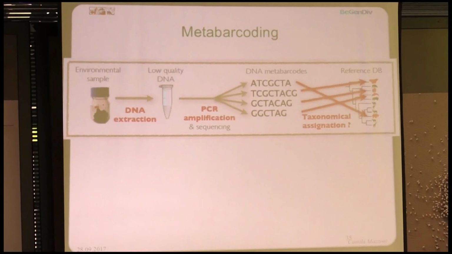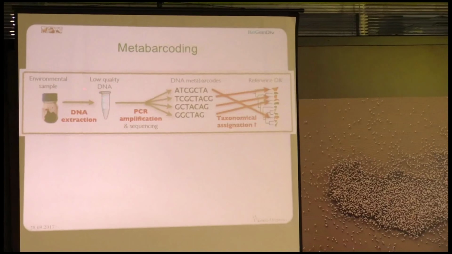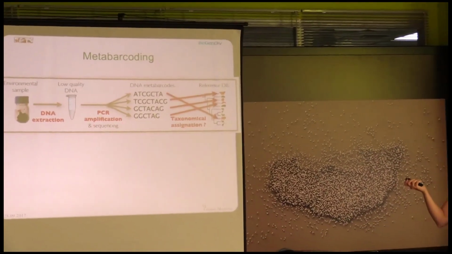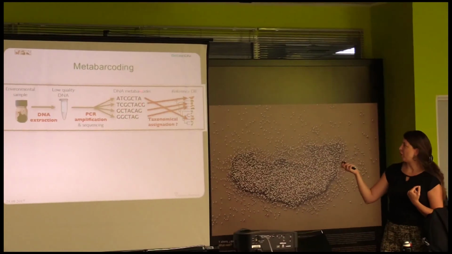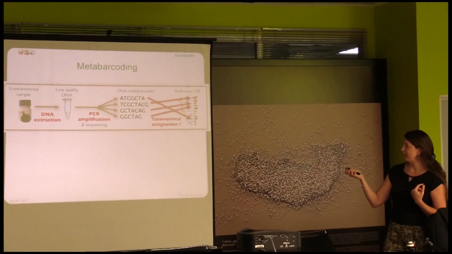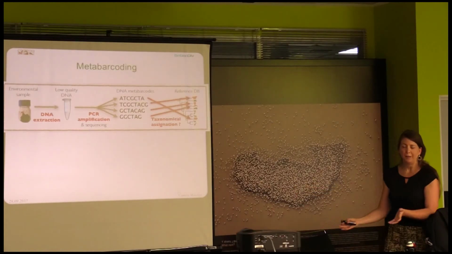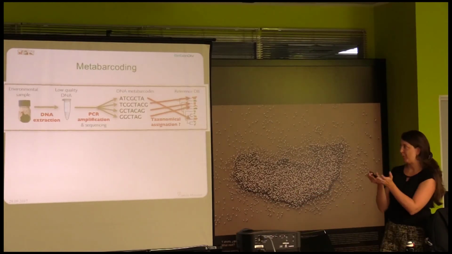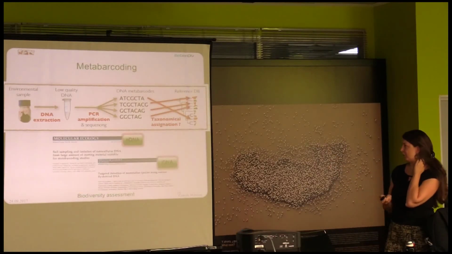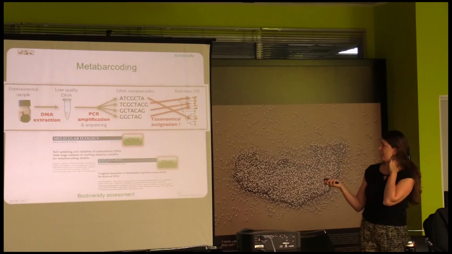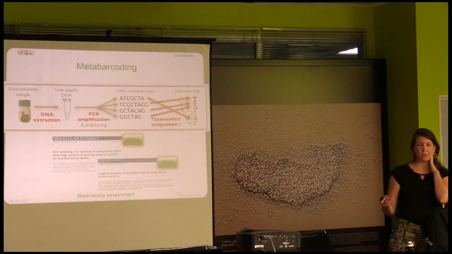The idea of metabarcoding is that you get an environmental sample, you have DNA, you PCR, and you have these barcodes. You have a collection of barcodes. That's why it's called metabarcoding, because you try to get all the variability of barcodes that you have in one single sample, and you try to assign them to different species. We are doing this using environmental DNA, and also iDNA, which means invertebrate-derived DNA.